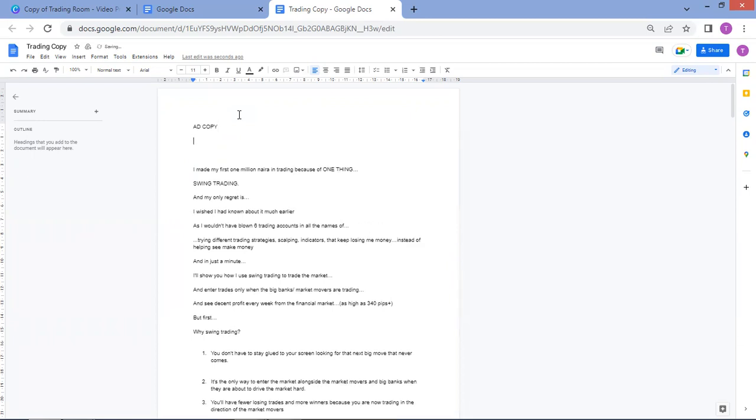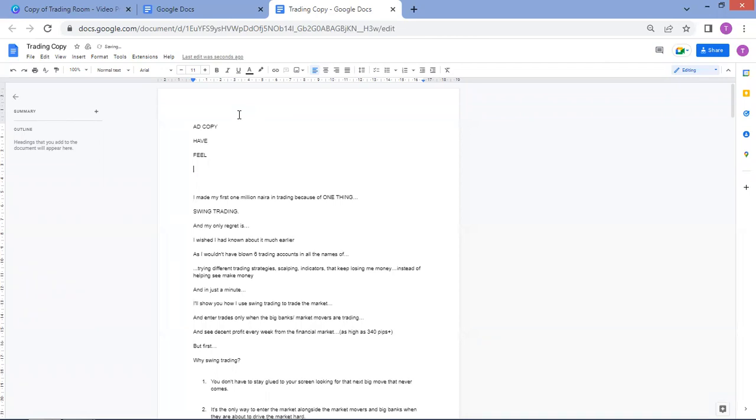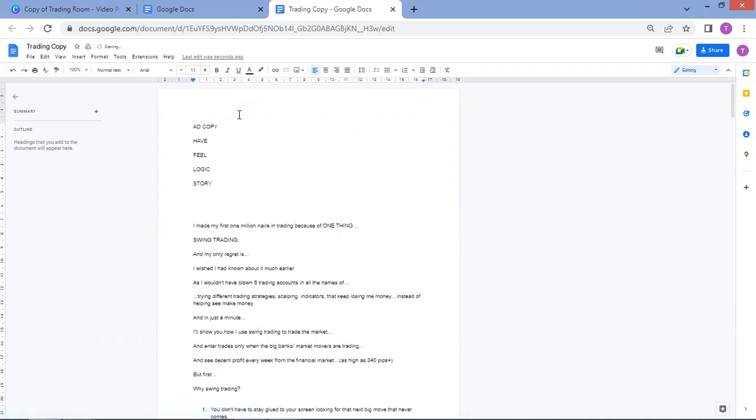So the first structure is going to be what we'll call the five themes. We have the have theme, the logic theme, the story theme, and so on.